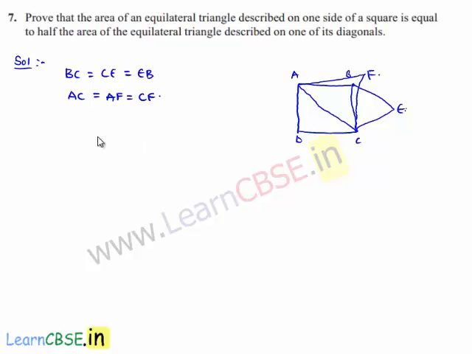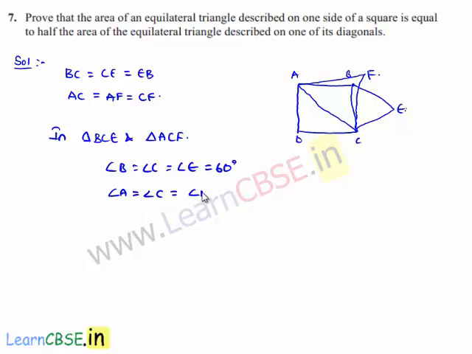Now in both the triangles, that is triangle BCE and triangle ACF, angle B is equal to angle C is equal to angle E is equal to 60 degrees, and angle A is equal to angle C is equal to angle F is equal to 60 degrees.